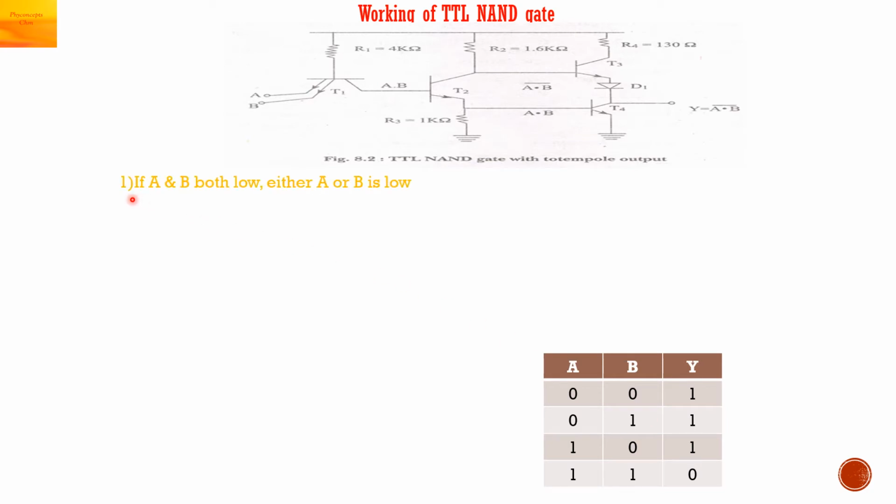We will see the first case, where either A or B is low. So we are taking the first three input combinations. Then the emitter diodes will conduct. We are applying low inputs to A and B, so the base emitter junction diode will be forward biased and T1 will become on.